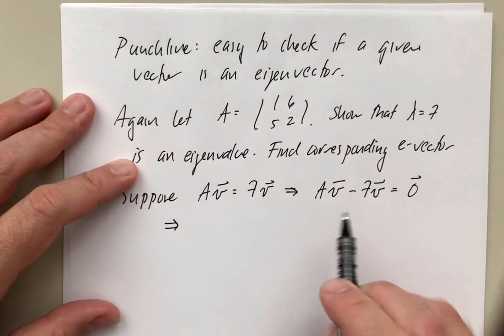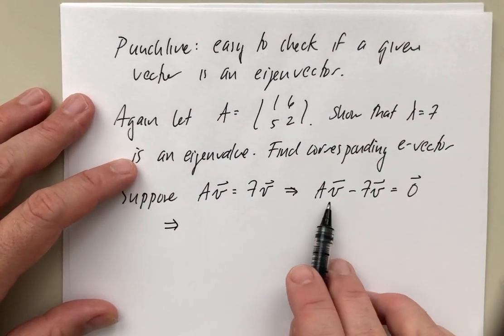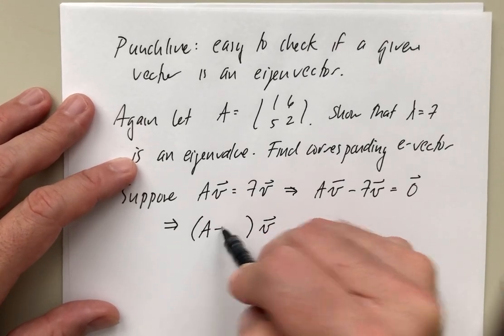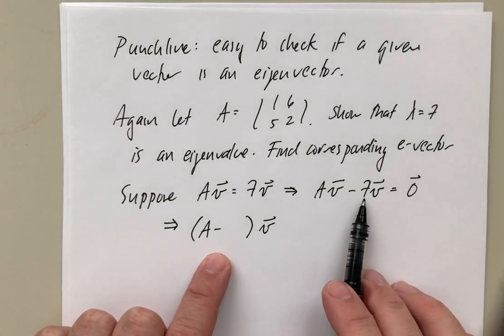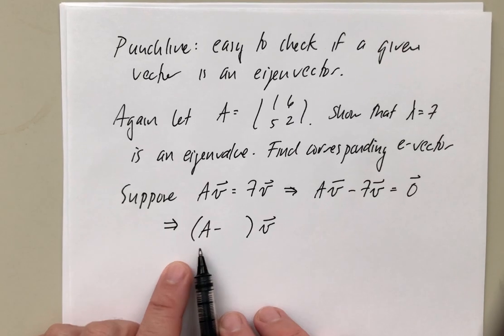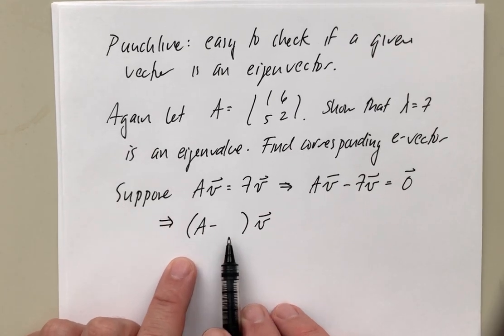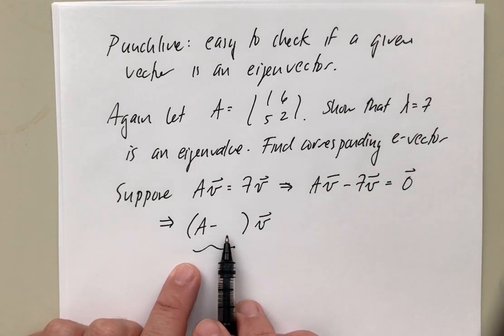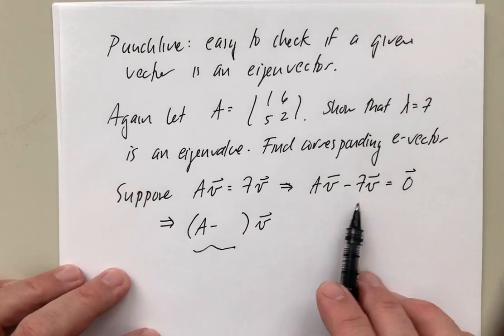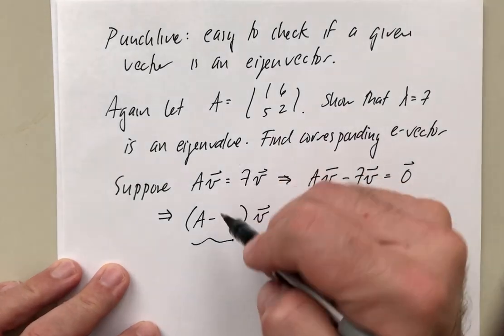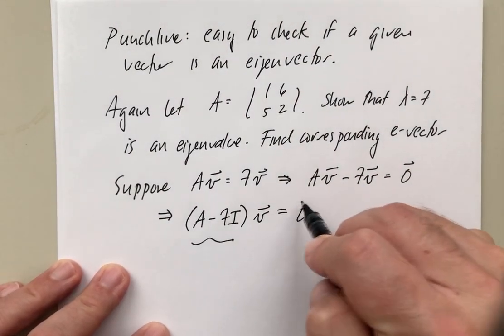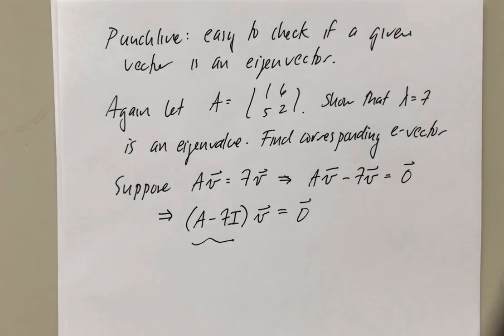Now, notice here that I've got a V times both things. So I can write this as something times V: A minus, now I want to put 7 here, but notice that A is a matrix. For this to make sense, I have to put here a matrix that does the same thing as multiplying by 7. So this is actually 7 times the identity matrix, and that's equal to the 0 vector.